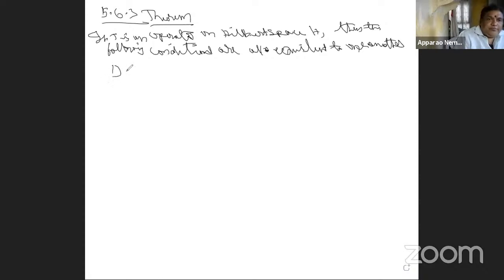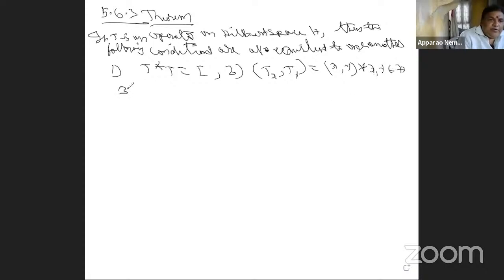First condition: T star T equal to I. Second condition: inner product of T of x, T of y equals inner product of x, y for all x, y in H. Third: norm of T of x equals norm of x for all x in H. Proof.